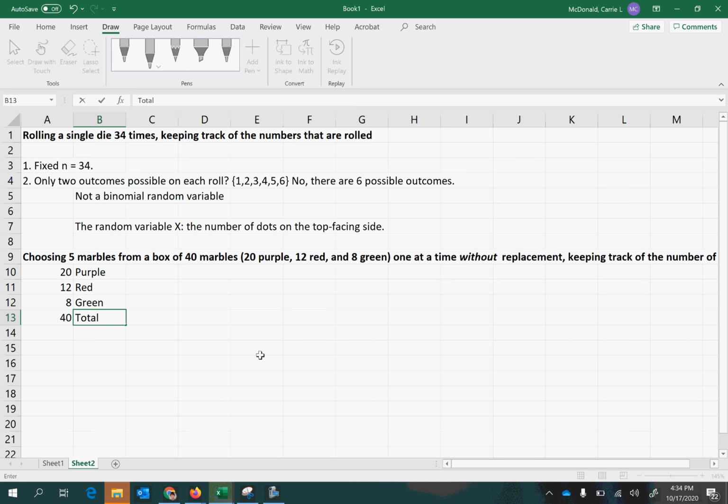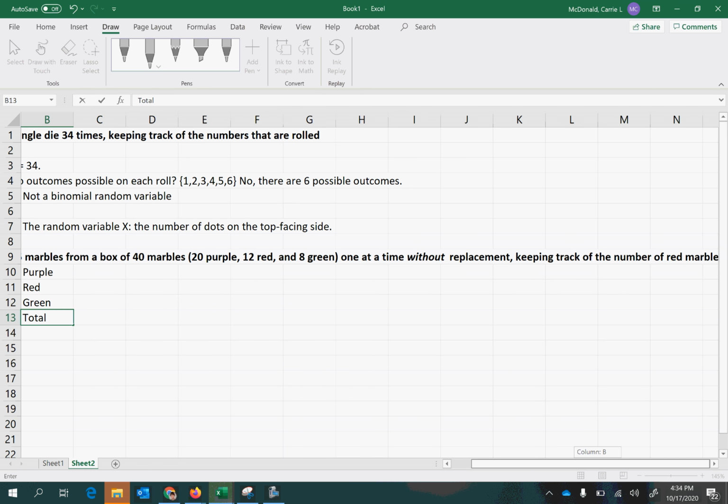One at a time without replacement and keeping track of the number of red marbles that are selected. So if X is our random variable, it would be defined as the number of red marbles that are selected when we select however many marbles.